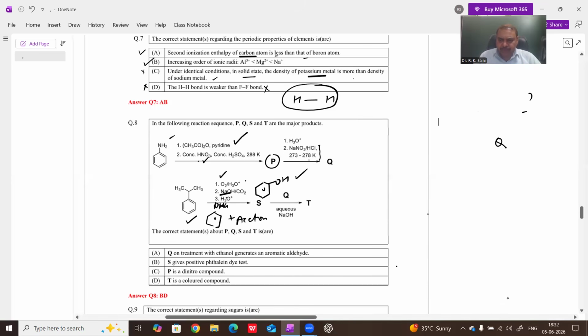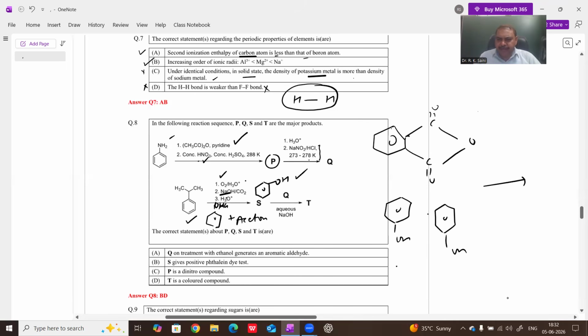The phenol reacts with phthalic anhydride. This is the reaction. This is phthalic anhydride. React with phenol. 2 molecules of phenol and 1 molecule of phthalic anhydride in presence of concentrated H2SO4.